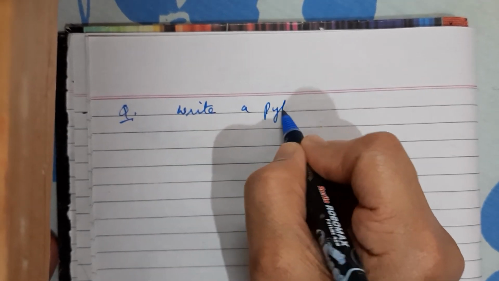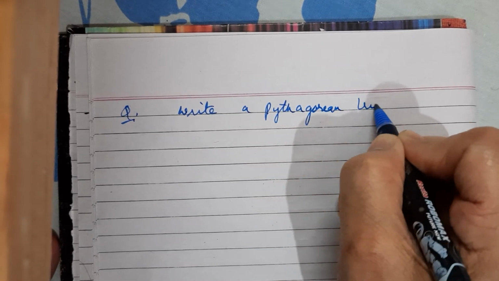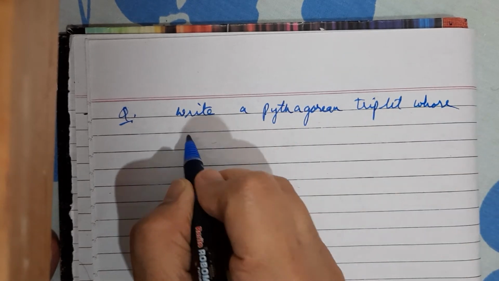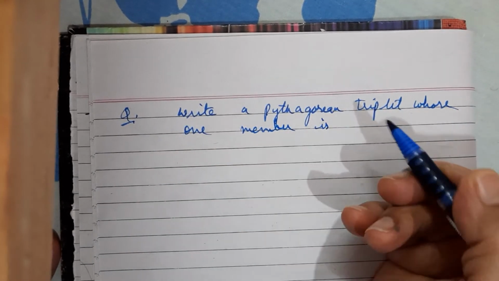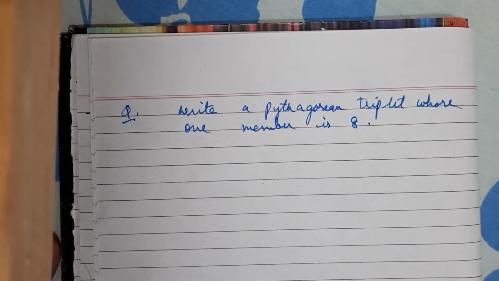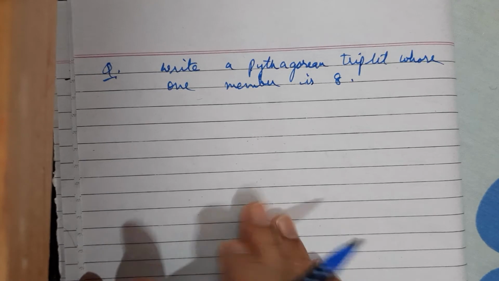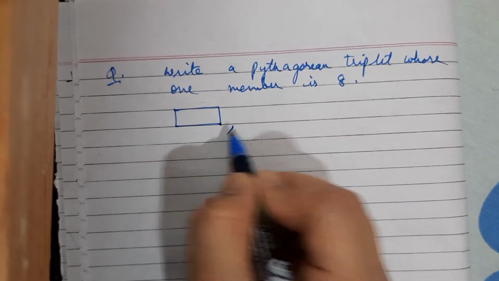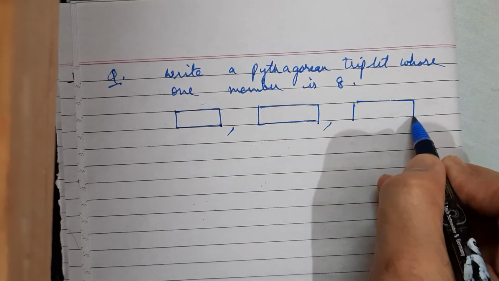Write a Pythagorean triplet whose one member is, let us take 8. So we have to write a Pythagorean triplet, which means we need to find out the other members out of 3 members. First member, second member and third member.